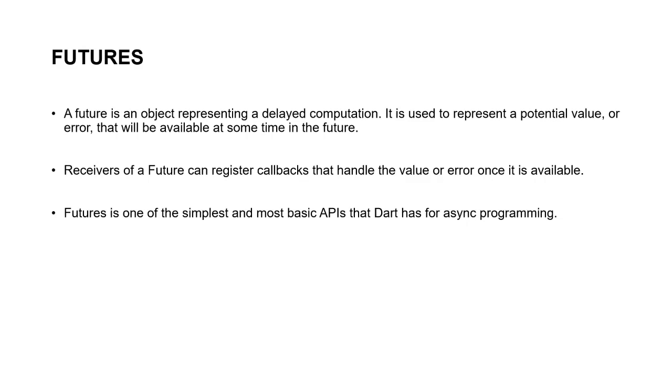So what are these receivers that we're talking about? Because if a value is to be present in the future, then it needs something else to be able to use that value, to process that value. So that is what we call the receiver of the future. And let me give you an example. This example was given by Andrew Brogdon in Flutter Focus, if you people are aware of it. So suppose you have a gift box.